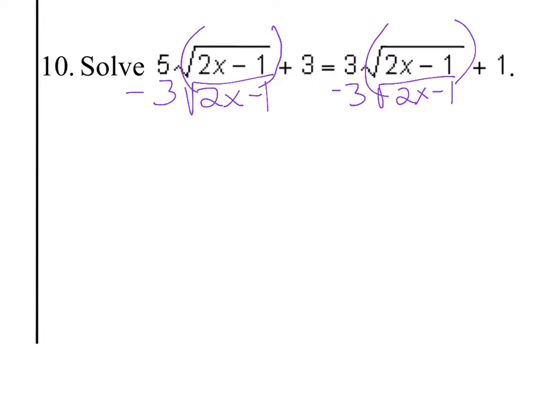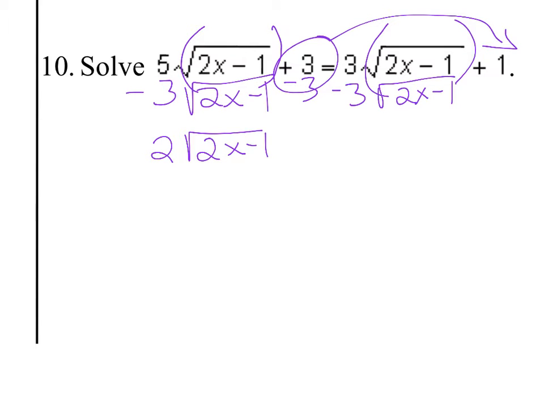That's going to give me root 2x minus 1. Well, to get my balance going, I'm going to take this 3 and move it over to the other side by subtracting. So I have 1 minus 3 is negative 2. Okay, we should already start to notice there's a problem here.